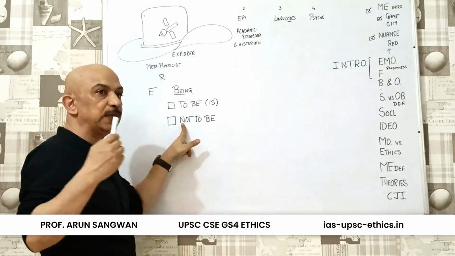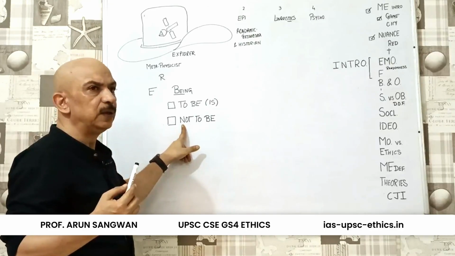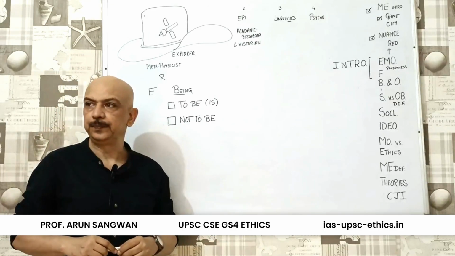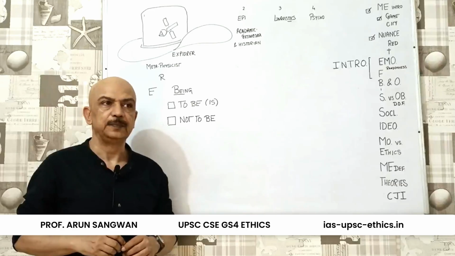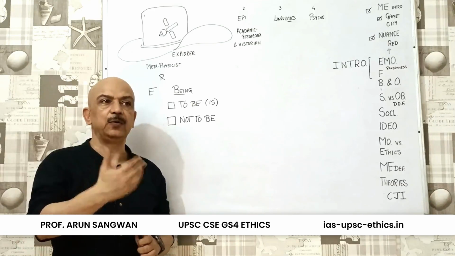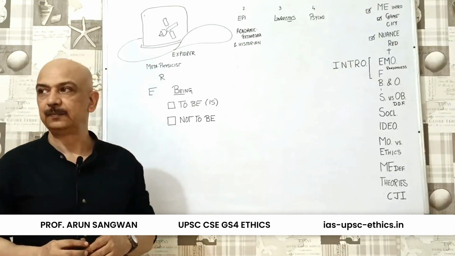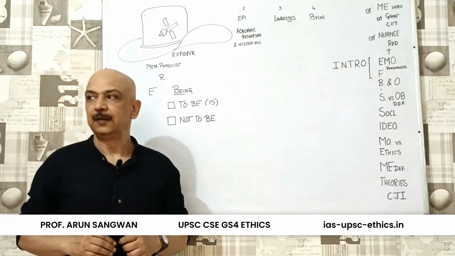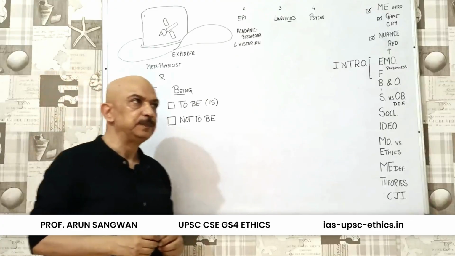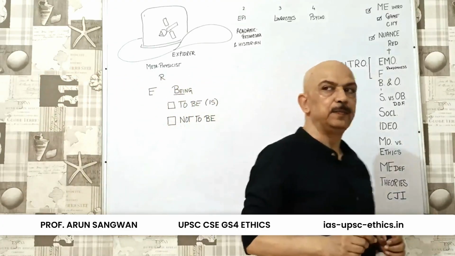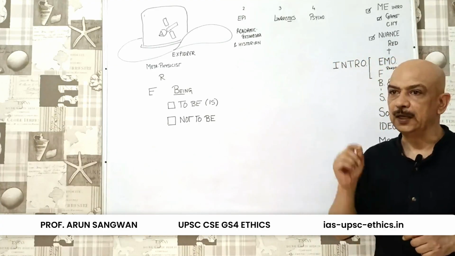If you look at that example carefully, you should be able to figure out what is not a game. If it is not voluntary, if you're forcing somebody into a game, it doesn't remain a game. If you hide the rules of a game from a participant of the game, it doesn't remain a game.